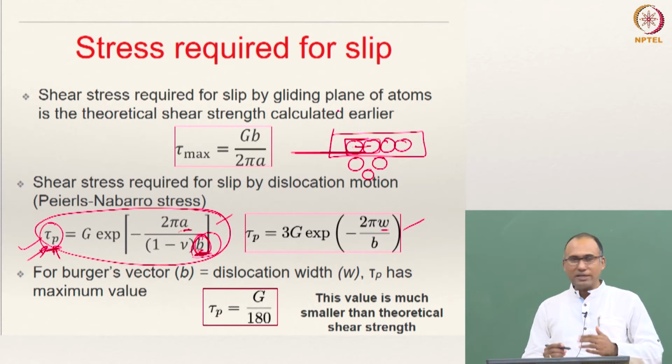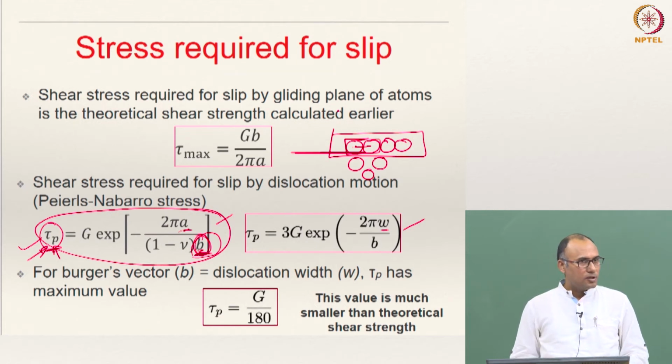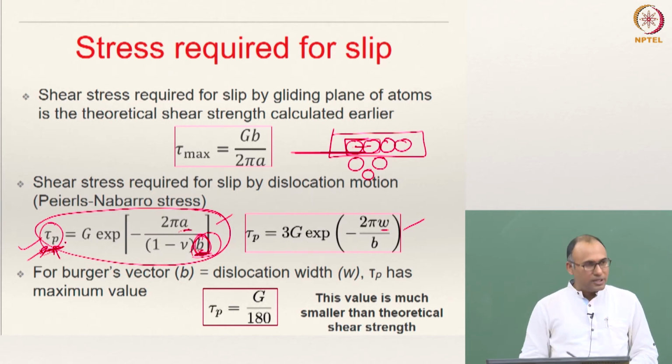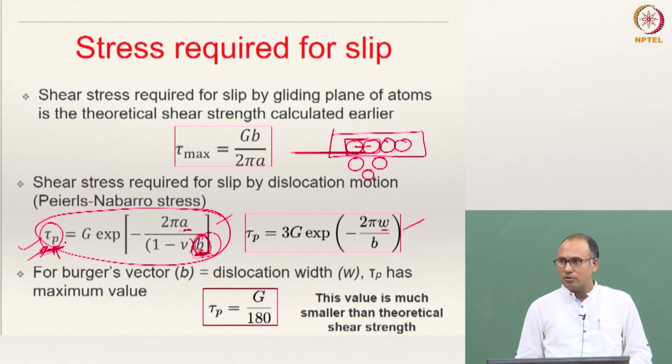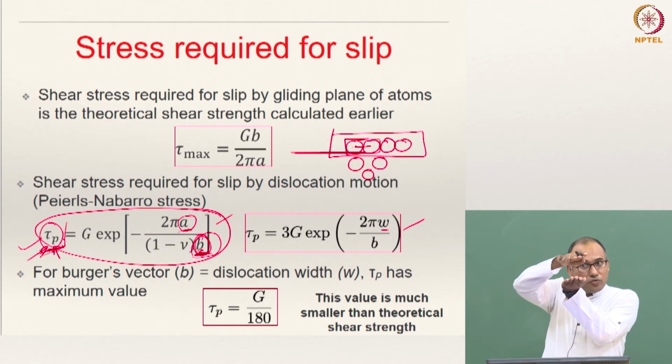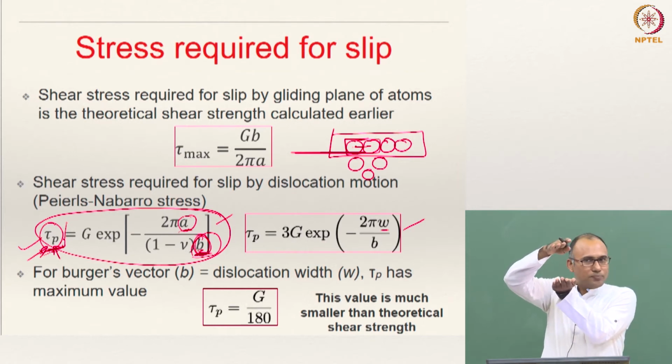Fine. Now look at interplanar spacing. Again, tau p needs to be minimum, and with an increase in A, tau p reduces, isn't it? When does A increase? A is the interplanar spacing, and that will be maximum for close packed planes. If you take two close packed planes, their interplanar spacing is going to be maximum.